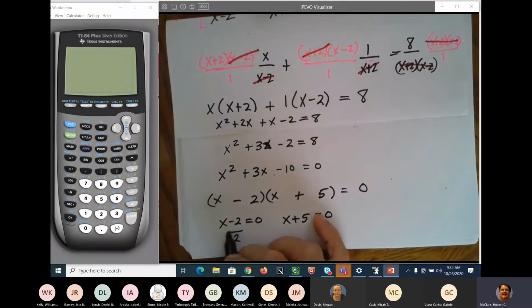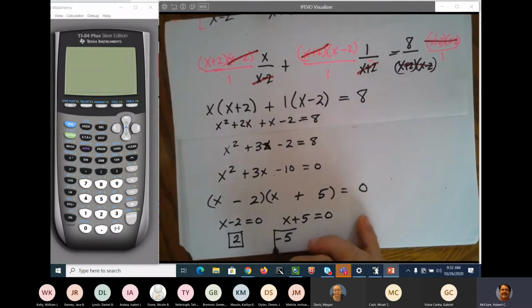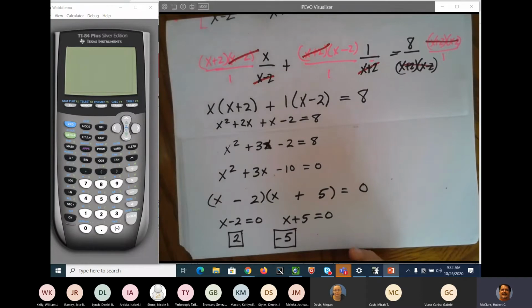So positive 2 and negative 5 are our x-intercepts. Any questions on that one?